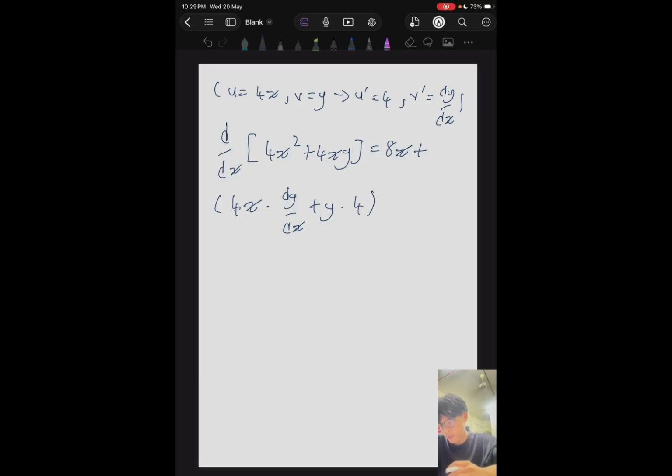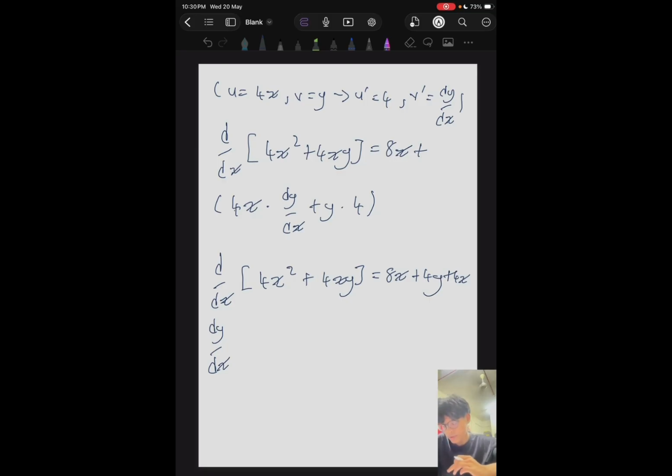And after this, we might have to break down the bracket. x plus 4xy equal to x plus 4y plus 4x dy over dx. And this is for the right hand side.